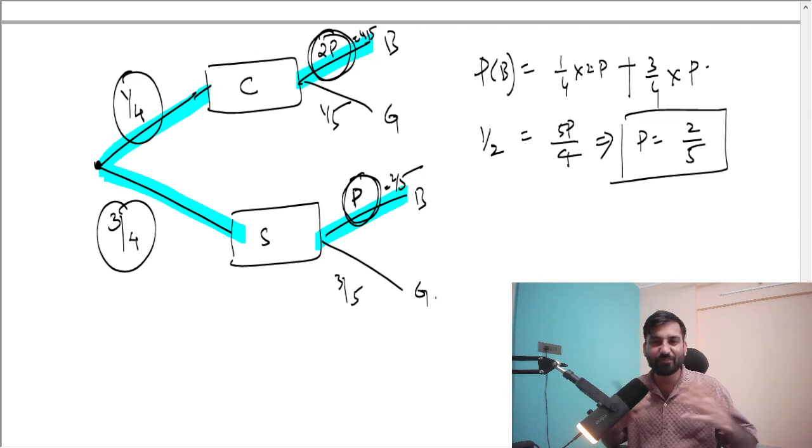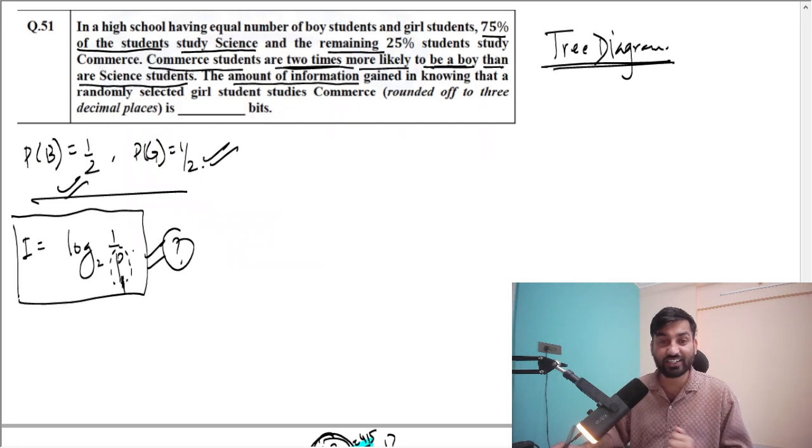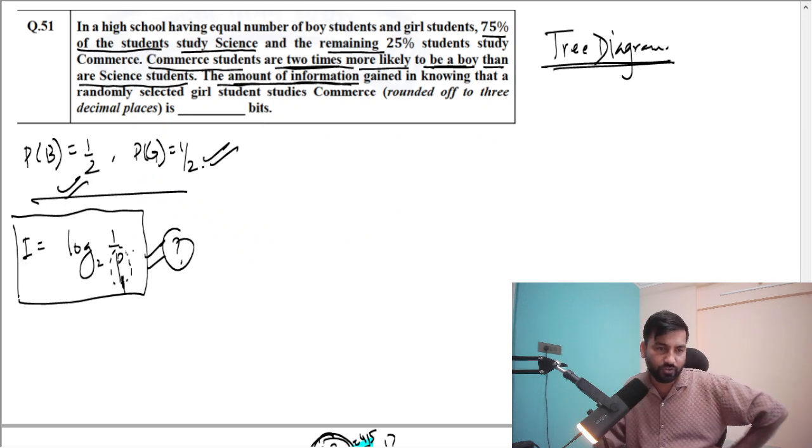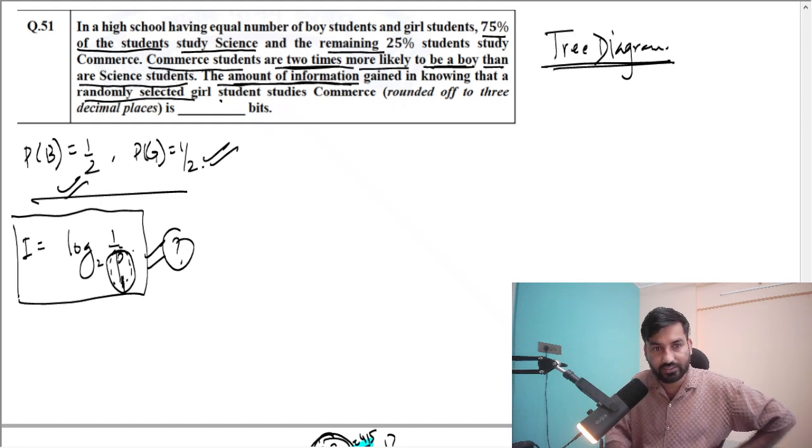So I think computing probabilities becomes very easy now, right? Now what they are basically asking is to compute the amount of information, but forget that for the moment. You have to find this P1. What is this P1? They have said that the randomly selected girl student studies commerce.